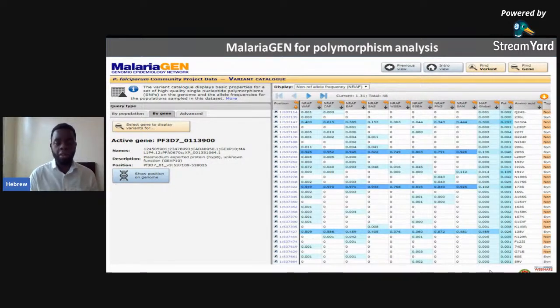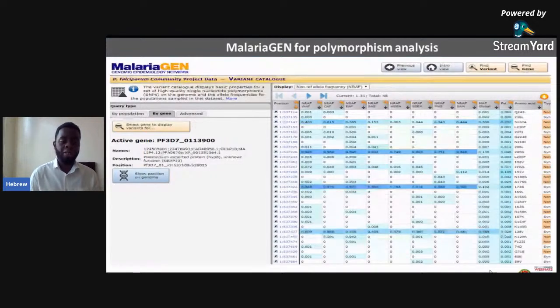And networking in this case means they were able to input data on nucleotide polymorphisms in Plasmodium so that they will be able to assess variation levels within different populations. So it is a really easy to use database.